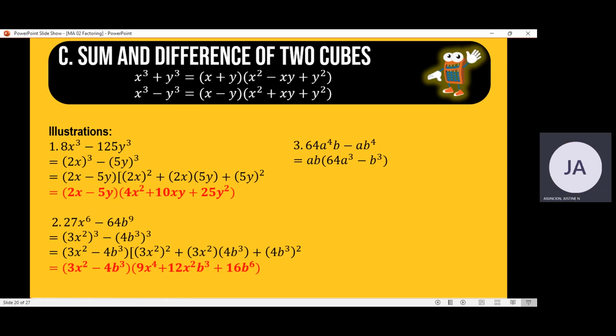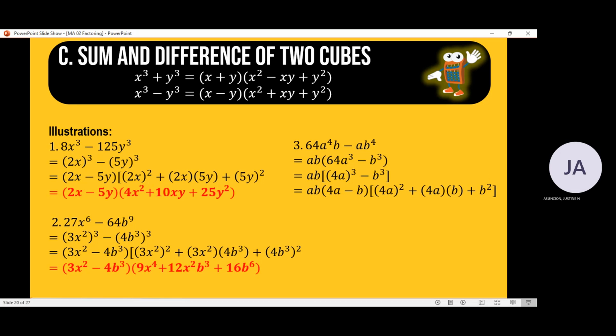So if that's the case, we have here again the cube root of 64a cubed is 4a, and for the b cubed, that's b. So again, let's use the form: ab times the quantity 4a minus b times the quantity of the square of 4a, or the first term, that's (4a) squared, plus the product of the first term and the second term, which is 4a times b, plus the square of the last term, which is b squared.